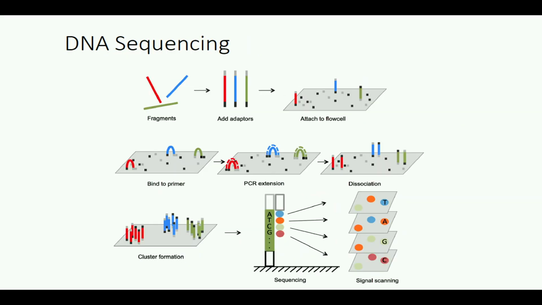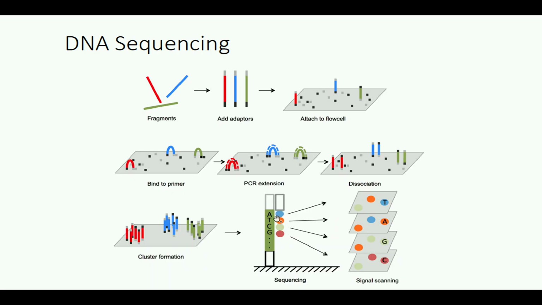All right, so once we have all of our fragments in our library, the actual sequencing happens on these flow cells, where each small fragment of DNA is attached to the flow cell. We can attach multiple of them into one of these cells, and we have sequencing reagents that do base by base recognition.